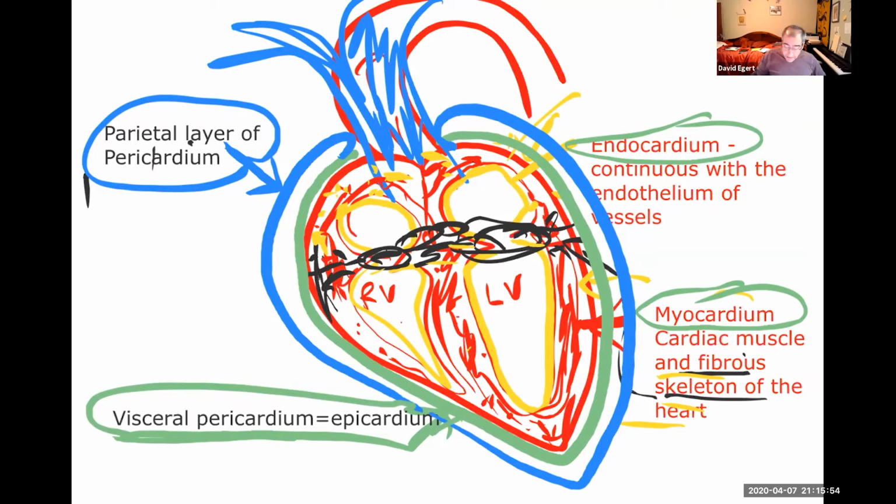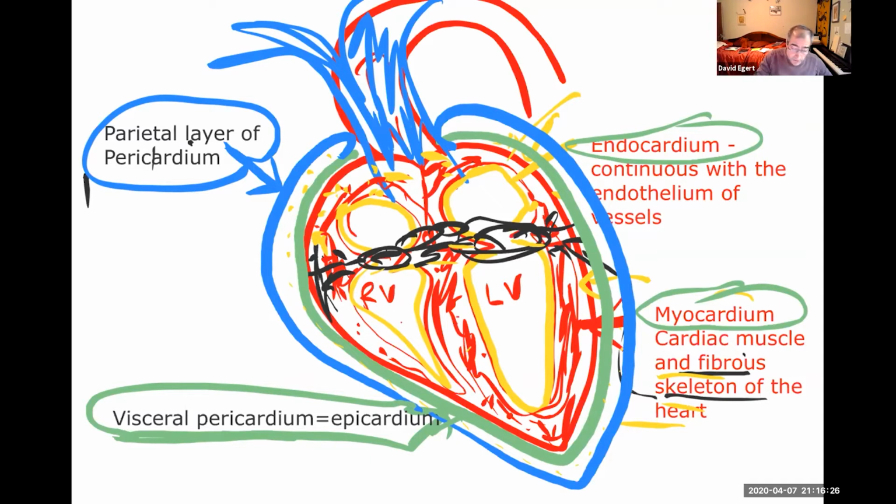Obviously, like any kind of serous membrane, it's got serous fluid in the middle, so it keeps the heart, as it's beating and undulating, from rubbing itself raw against your lungs and your ribs and all the other stuff in your mediastinum. The one thing that's unique about the serous membrane around the heart is that the parietal layer has an extra reinforcing fibrous connective tissue layer.